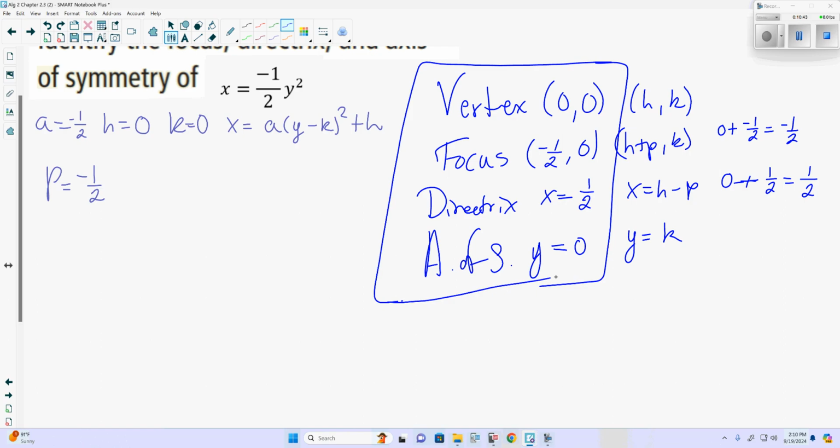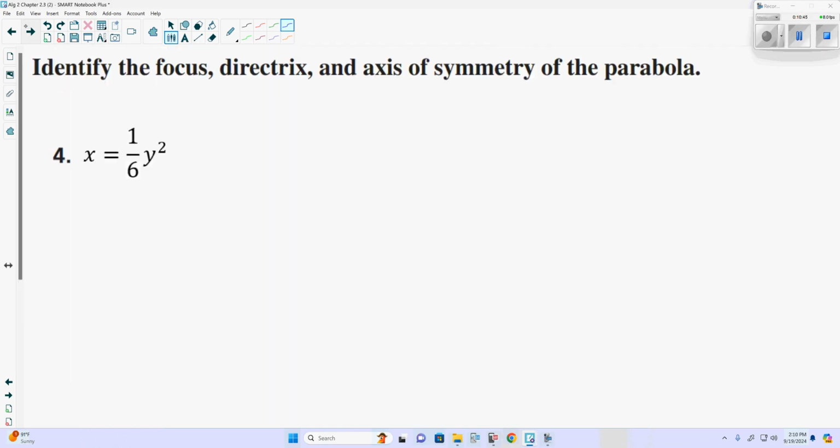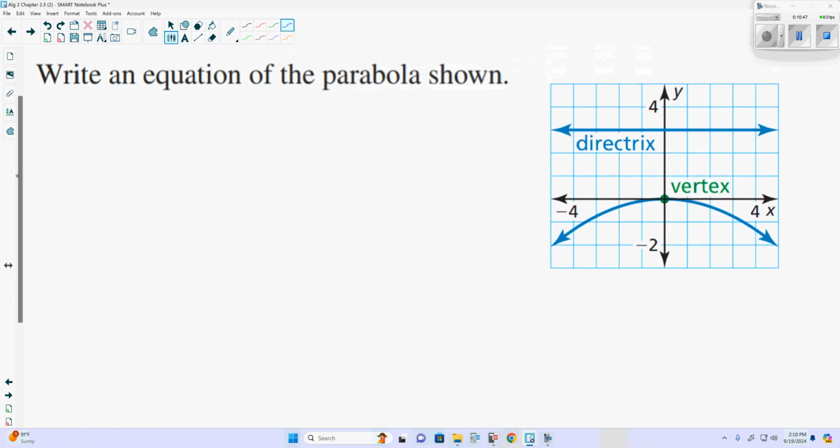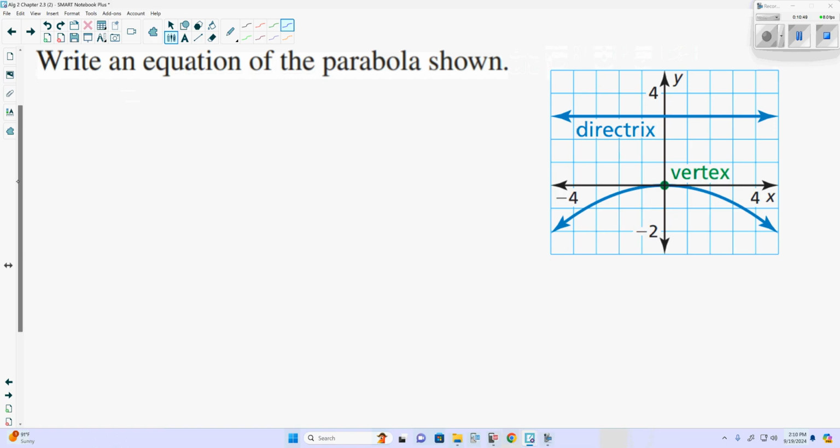All right. In this case, we're going to move on. They give us information, we're going to find the equation. Now, the directrix for this is y is equal to 3. They did tell us the vertex is 0, 0.